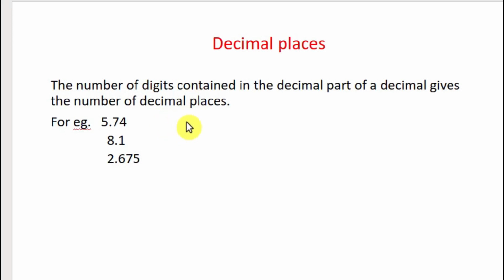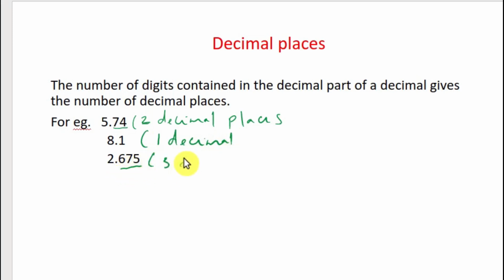The number of digits contained in the decimal part of a decimal gives the number of decimal places. For example, 5.74 has two decimal places. 8.1 has only one decimal place. 2.675 has three decimal places.